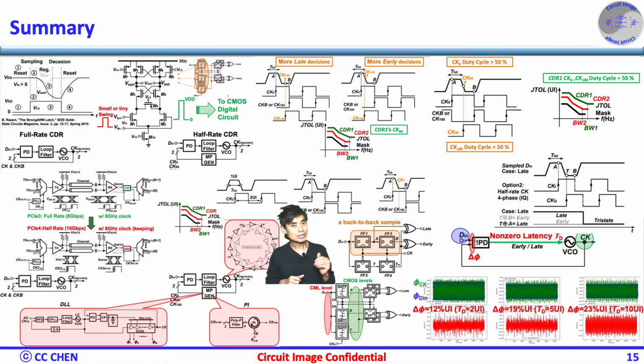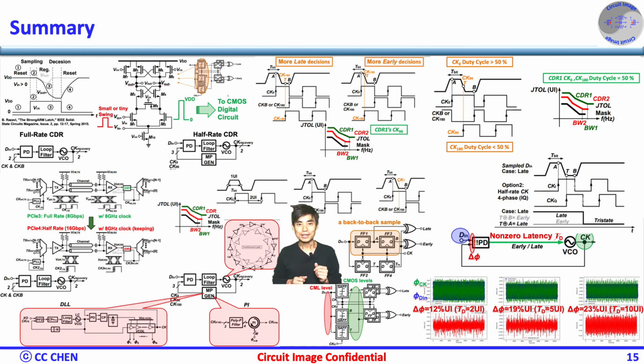Here are the summarized images of why we prefer a full-rate CDR. First, simplicity makes us comfortable. The more blocks you add, the more impairments exist, the less robust it ends up. The philosophy of circuit design is the beauty of simplicity.